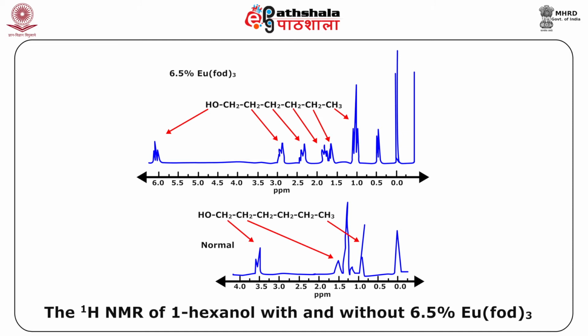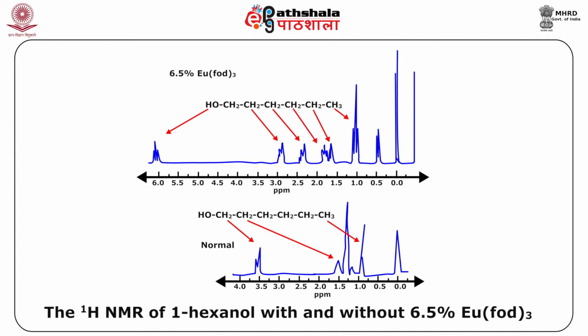The methylene group which is relatively closer to the hydroxyl group is shifted more downfield, and as the distance of the methylene groups from the OH group in 1-hexanol increases, shifting of the peak is less pronounced in the presence of a shift reagent.